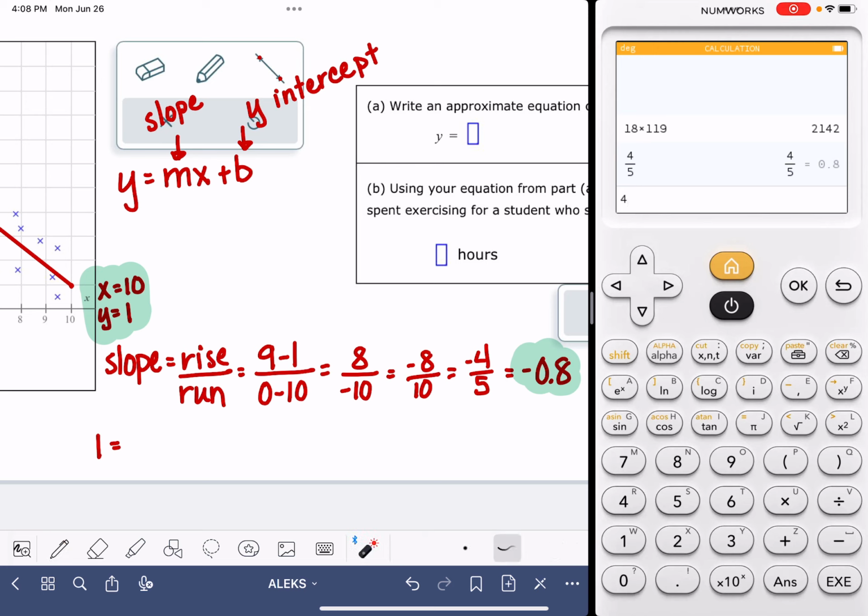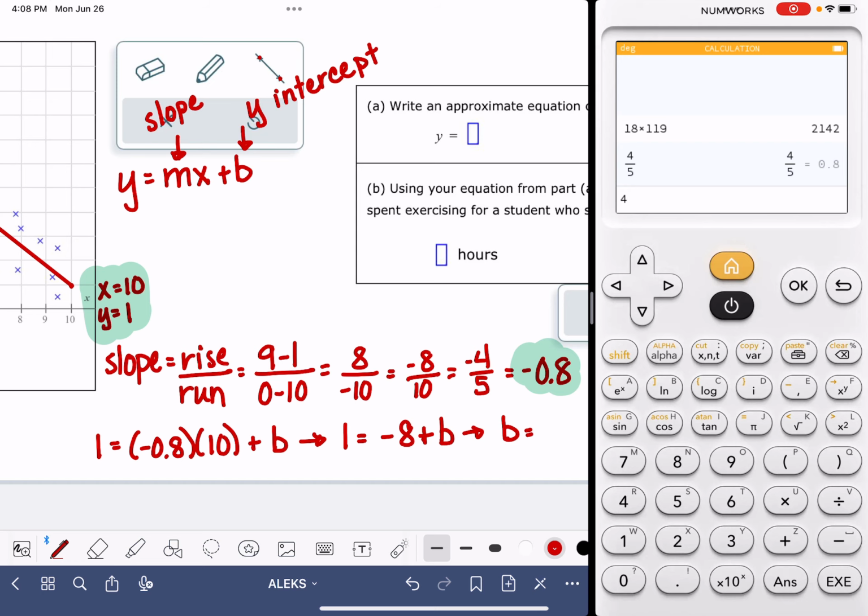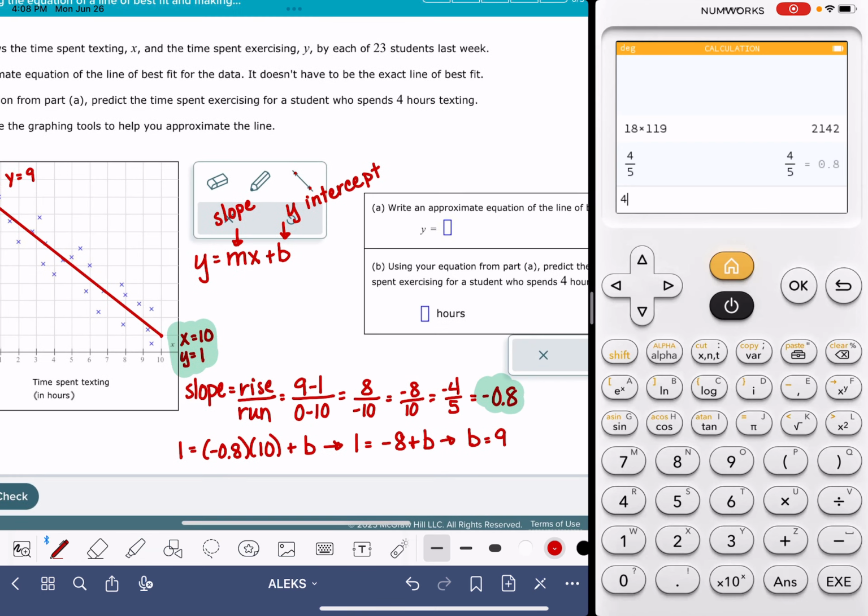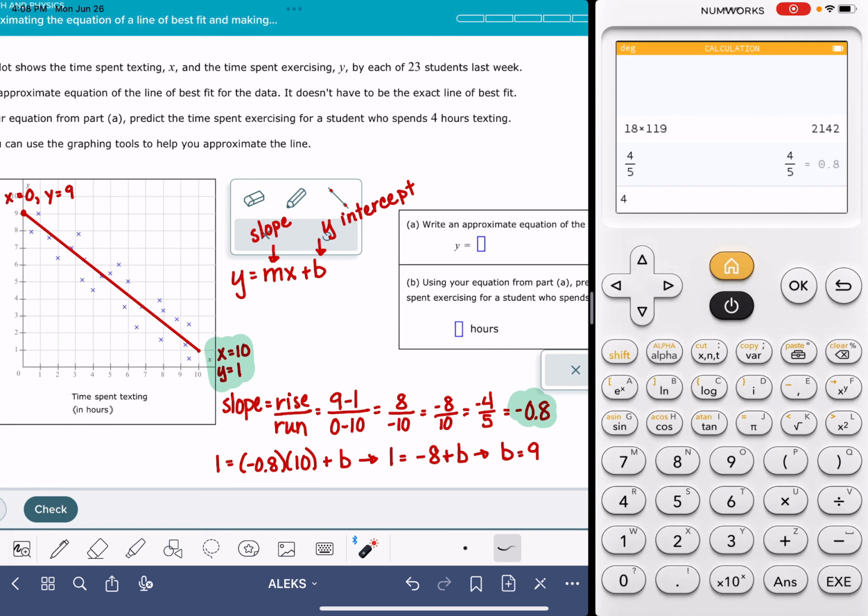I'm plugging into y equals mx plus b. My slope is negative 0.8. My x value is 10. And I'm going to solve for b. 1 equals negative 8 plus b. Add 8 to both sides of this equation. B equals 9.